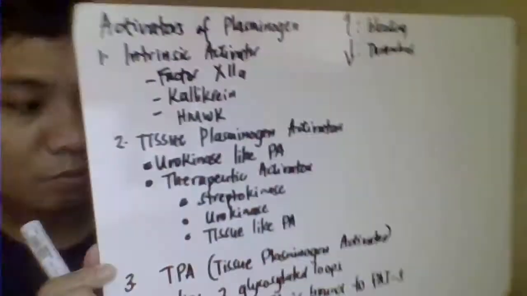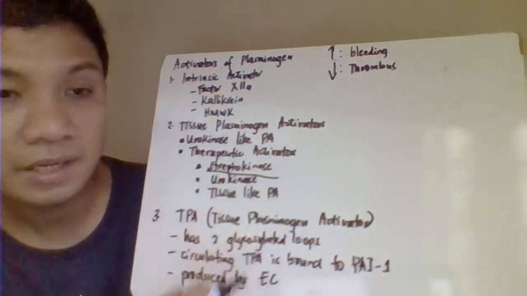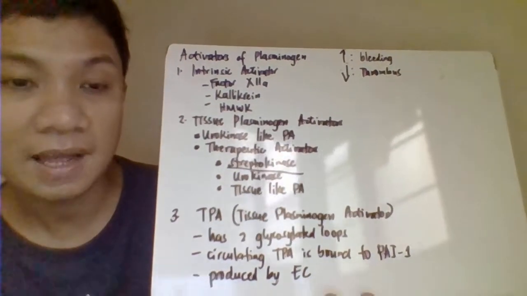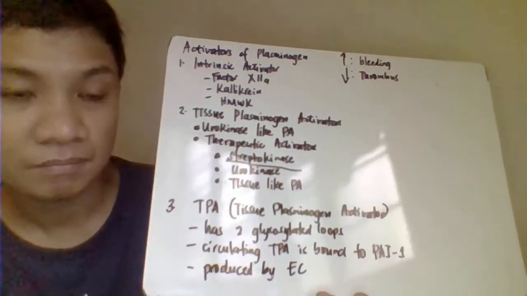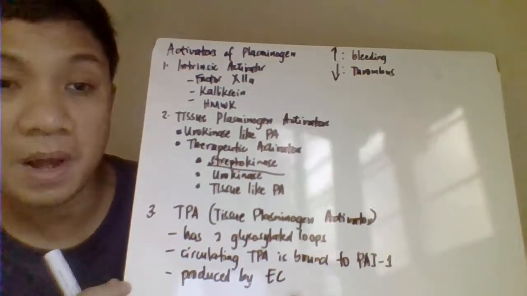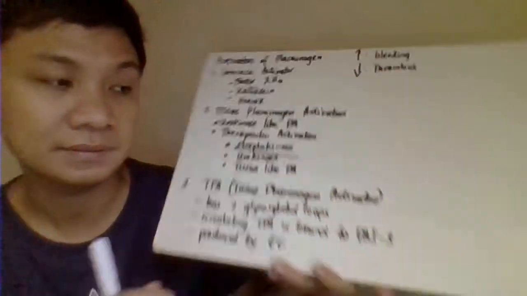Another activator, we have your streptokinase. Okay, this is an activator primarily produced by your beta hemolytic strep. So mga strep natin na nagpo-produce ng streptokinase could also activate, converting your plasminogen to your plasmin.